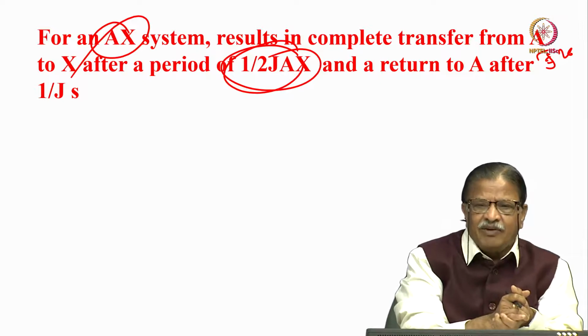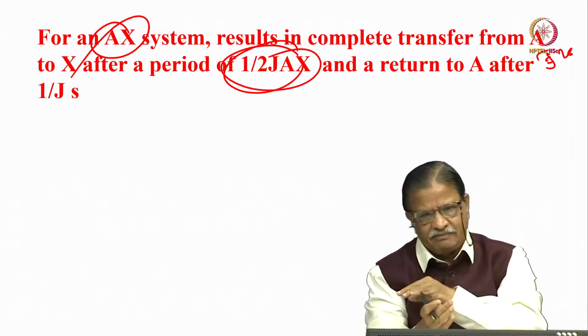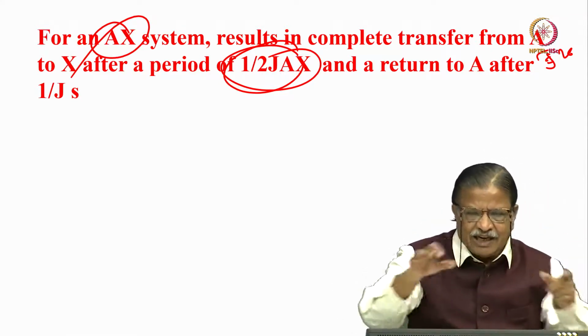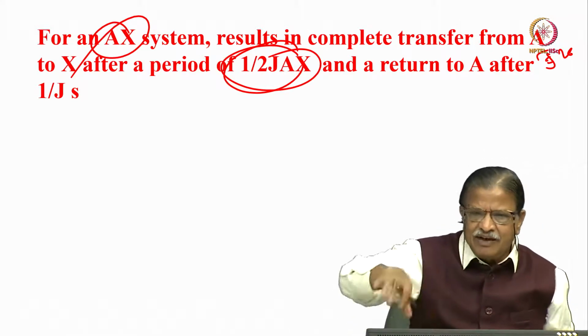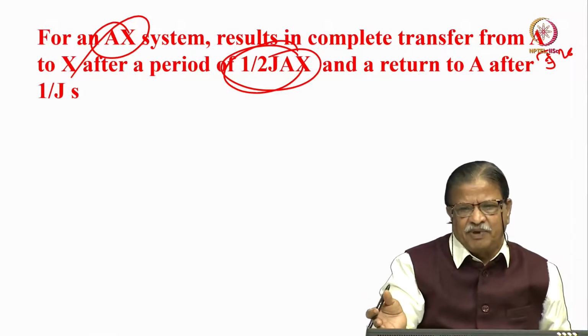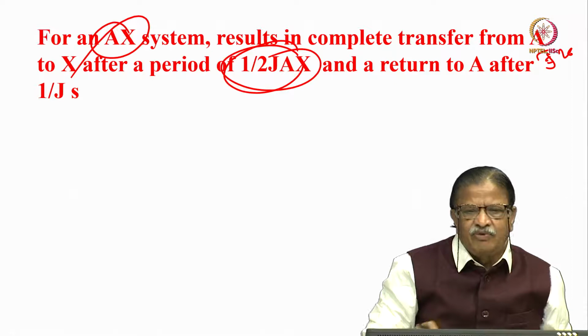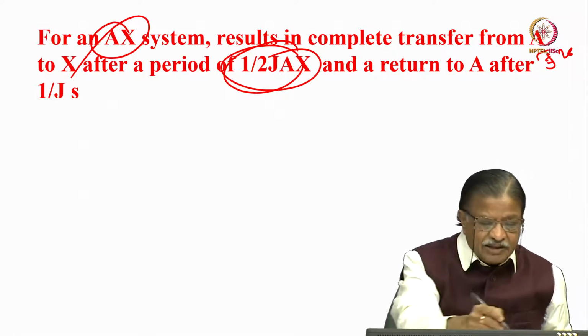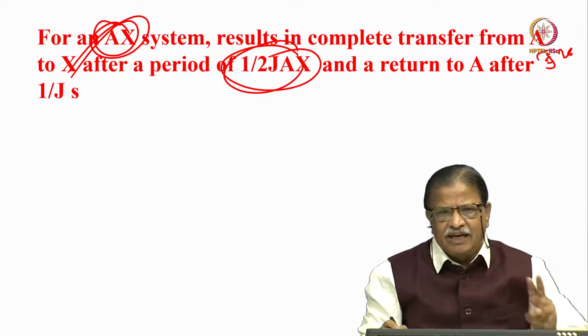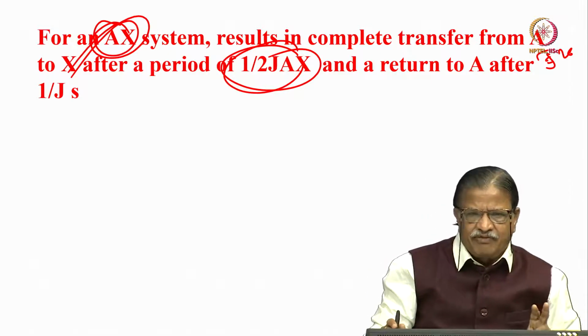In the remaining half, what will happen? It will start coming back. X will start giving back to A. So during the complete 360 degree cycle, there is an exchange going on. It will give the energy, the coherence, to the other coupled spin and comes back also in one full 360-degree cycle. This is what is happening in the AX spin system. If you take half of JAX, there is a transfer of magnetization from A to X.